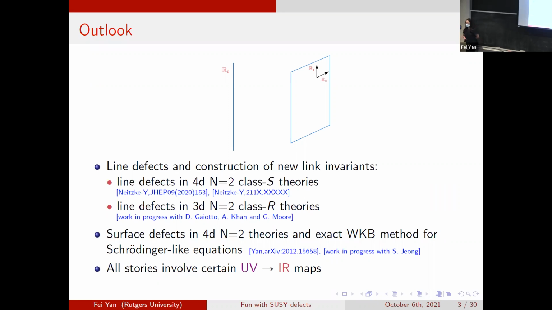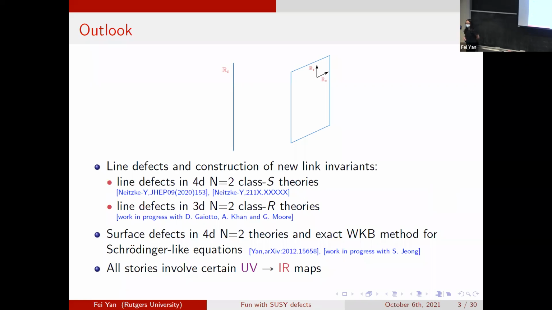This part of the talk is based on my work with my collaborator, Andy Neitzke, who is a math professor at Yale. I will also mention a little bit of story about line defects in 3D quantum field theories with 4 supercharges, the so-called 3D N=2 class R theories. This part is based on work in progress with Davide Gaiotto, Asan Khan, and Greg Moore.